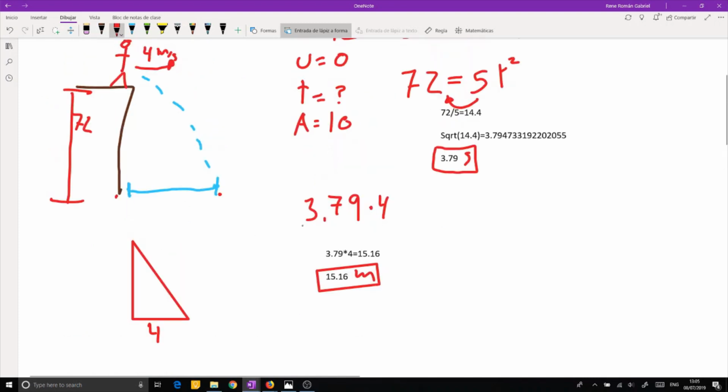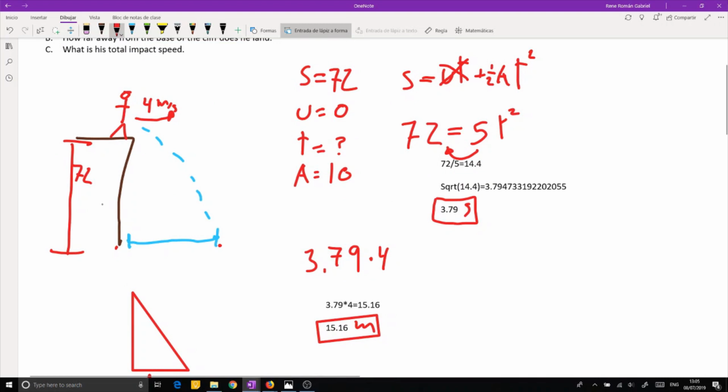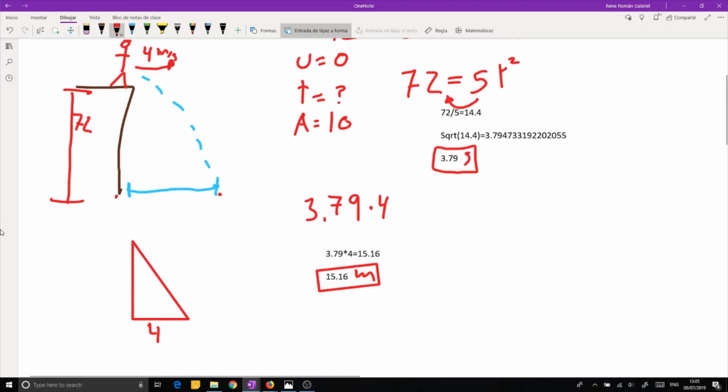And then the vertical one, it's also really easy. We just have to multiply the acceleration times the time. And since acceleration is 10, it would be 10 times 3.79. Now you might be thinking, well, it's not 3.7.